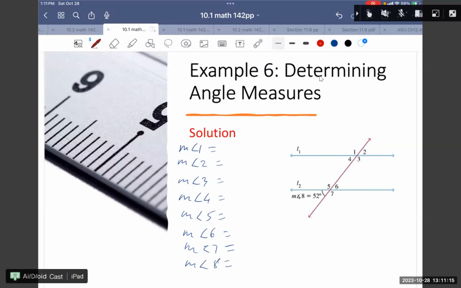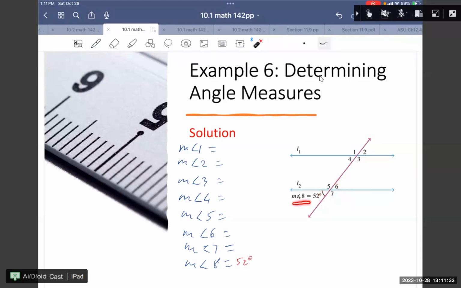As we know, the measurement of angle 8 is 52 degrees already. Remember what that is? Vertical angles, right?